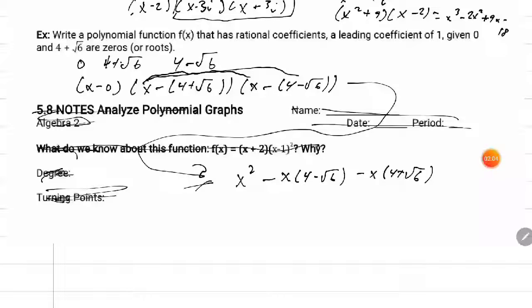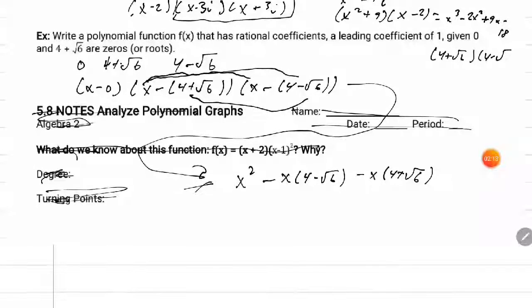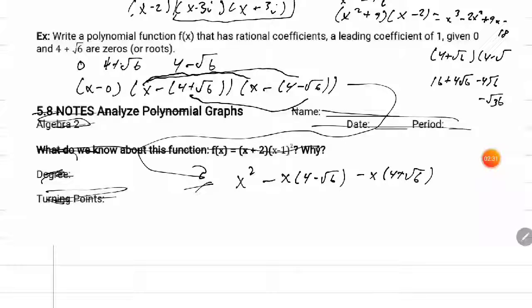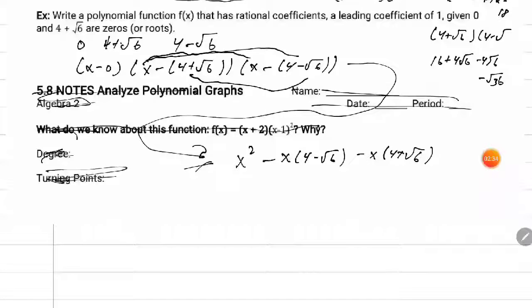And then we have the last two, which is its own FOIL. So 4 plus square root of 6 times 4 minus square root of 6: I'll get 16 plus 4 square roots of 6 minus 4 square roots of 6 minus the square root of 36. So I'll get plus 16 minus 6. Square root of 36 is 6.